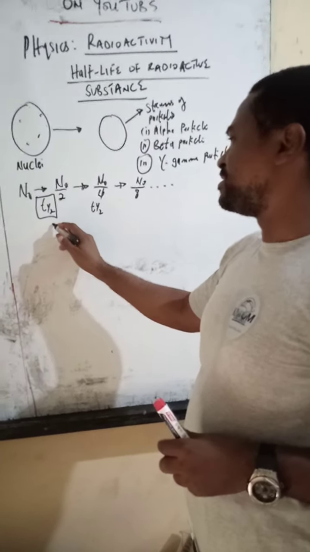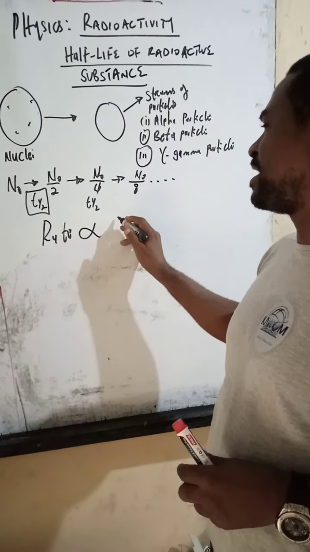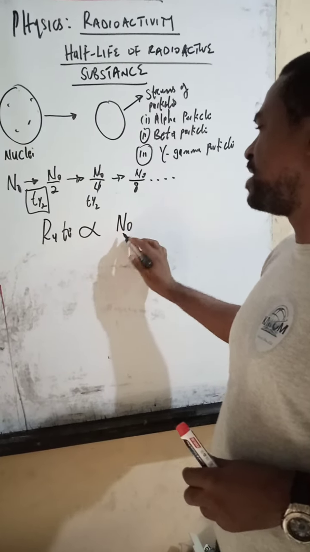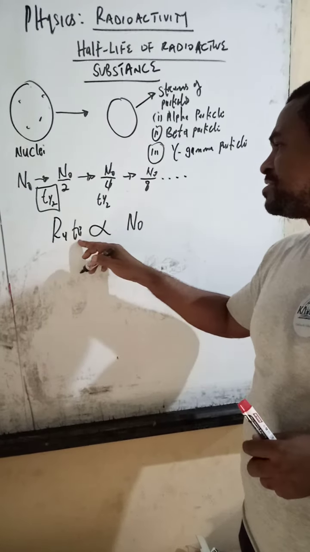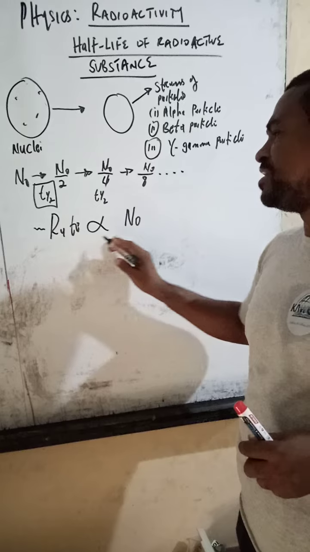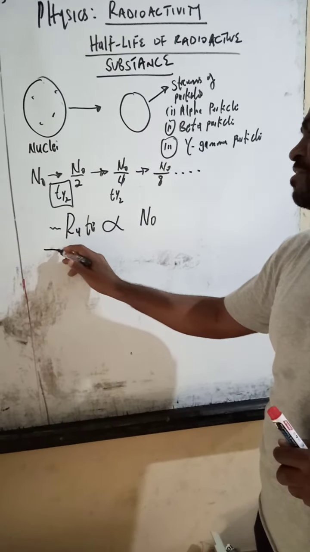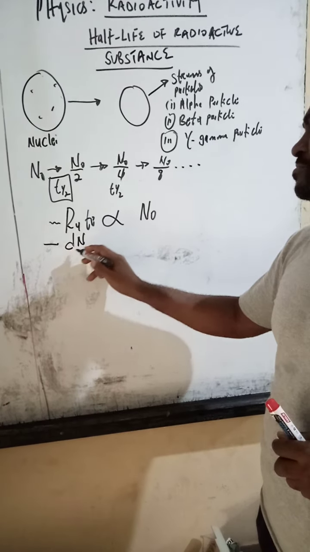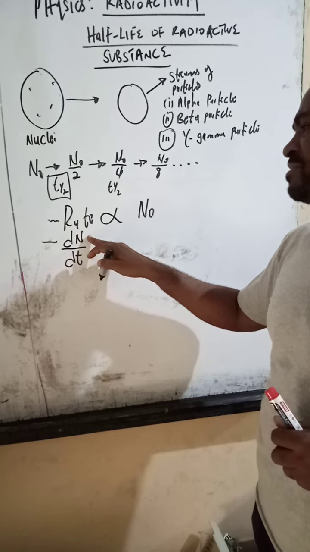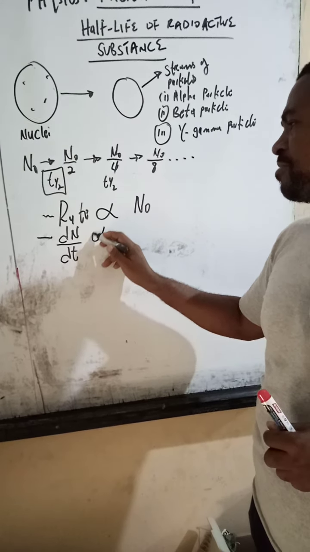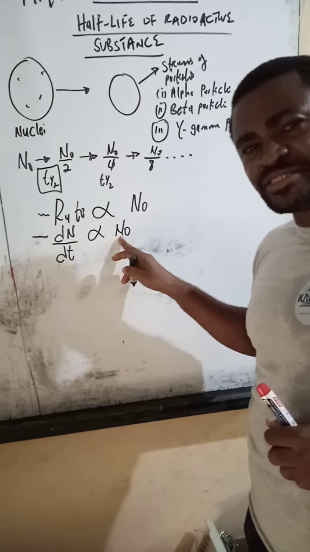Now, experimentally, the rate of disintegration is said to be negative and directly proportional to the initial number of the radioactive substance present, and this rate is a negative rate of disintegration. This rate is minus dN divided by dt, the time. The change in number of radioactive substance divided by the time is proportional to the initial number of radioactive substance that is present.